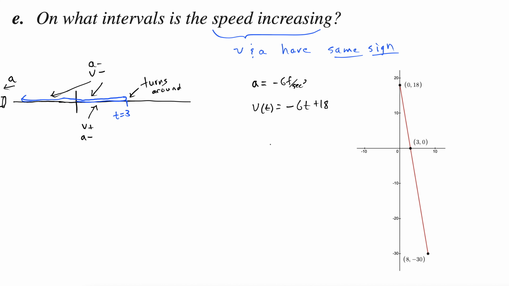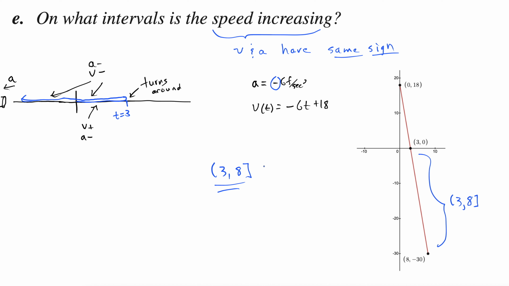And remember that velocity was negative, so again we're interested in the negative direction because we want it to match acceleration. So velocity was negative on this interval down here, where it's below the x-axis. So we're talking about from 3 up to 8. So speed is increasing when the sign of acceleration and velocity match. In this case, that is from 3 to 8 seconds.